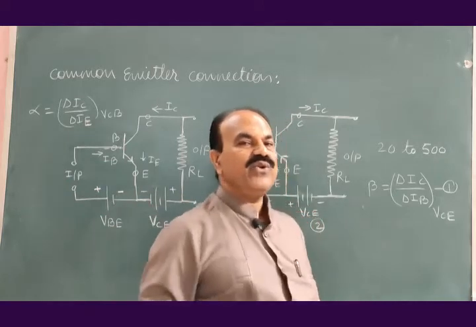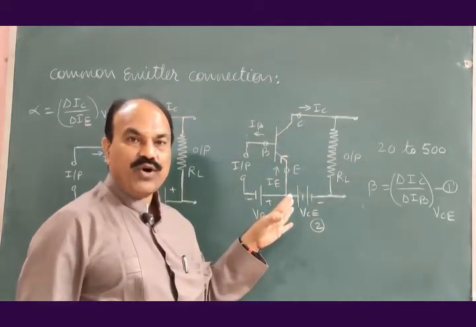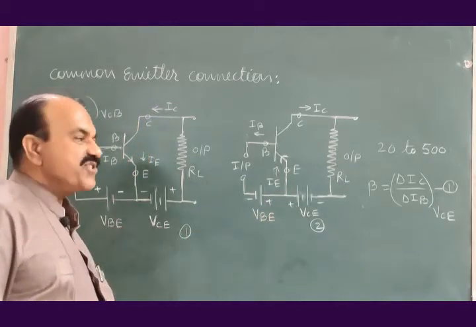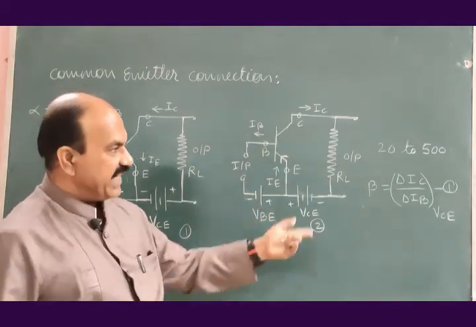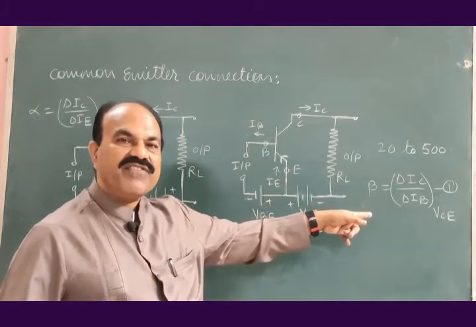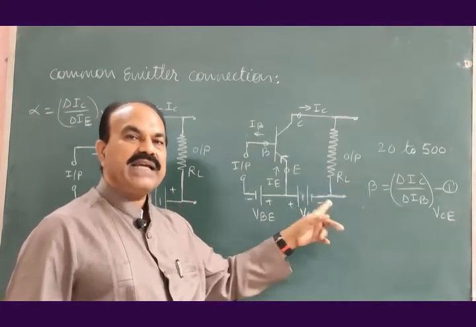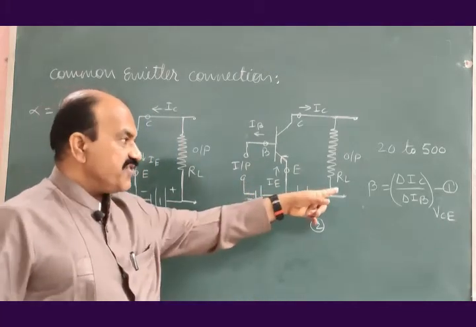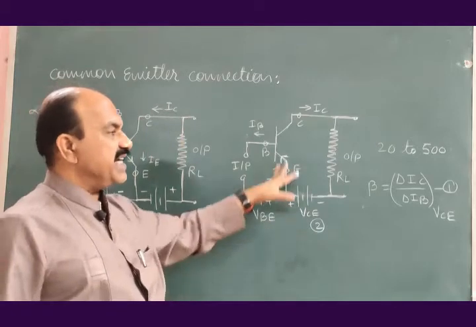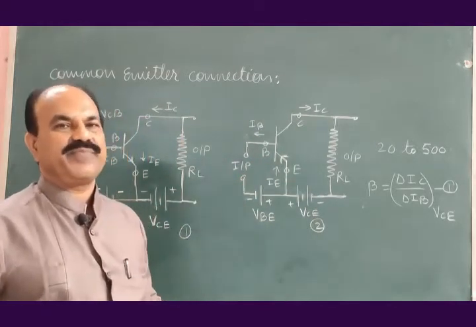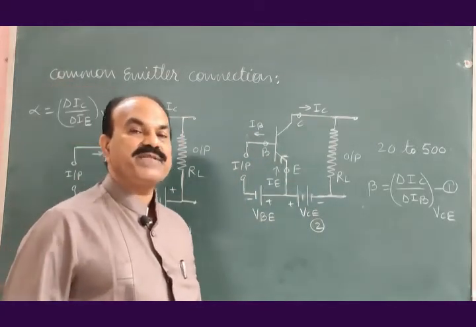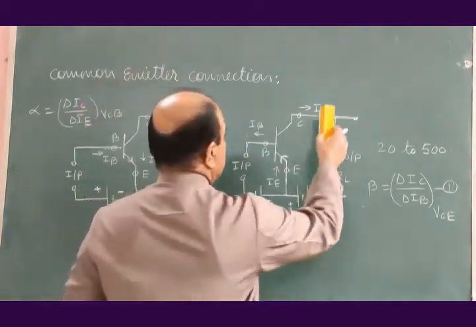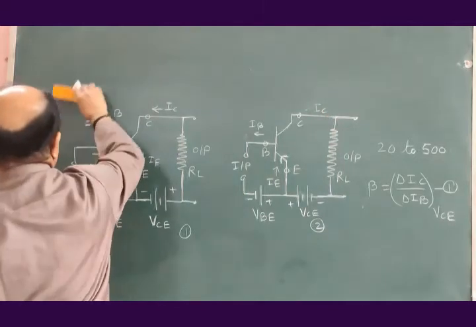Okay, after having known the circuit diagrams for common emitter connection of NPN transistor and PNP transistor, and knowing the equation for current gain of the transistor in common emitter connection, equation 1 is true for this circuit as well as for this circuit. Let us try to get the expression for collector current. And you know how to get the expression for collector current.